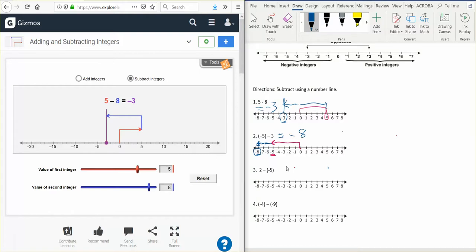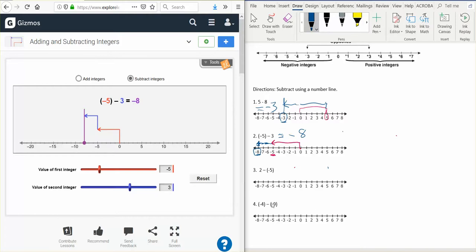Let's check that on the gizmo. -5, and then I need to minus a +3. There we go. So I went to the left to -5, and then I went 3 more units to the left and ended up at -8.